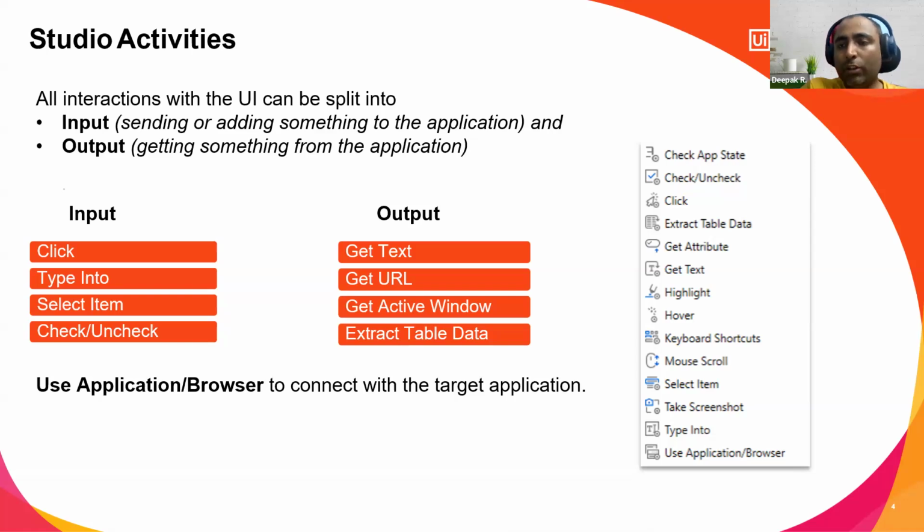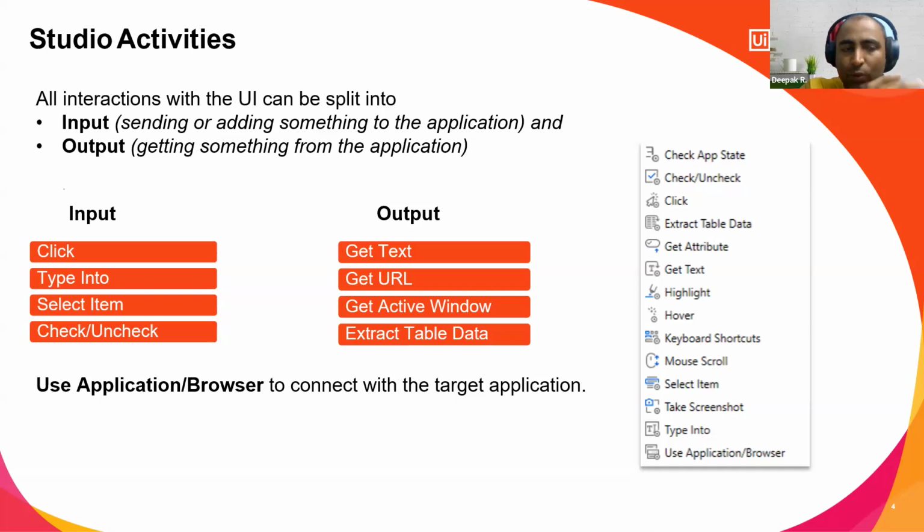When we want to share information from the screen, that's where automation plays a crucial role, with output actions: extracting text fields, getting the website URL, getting the active window, or extracting a data table. Those all come under output.